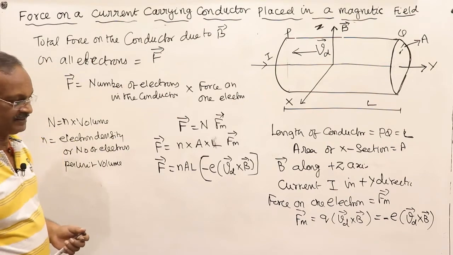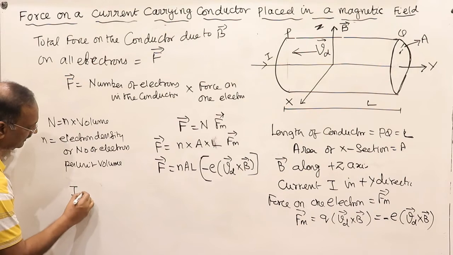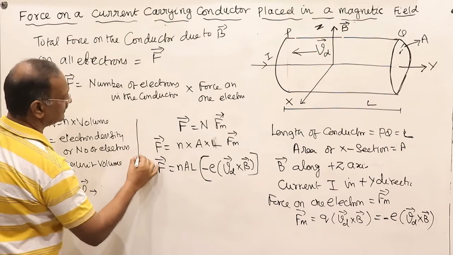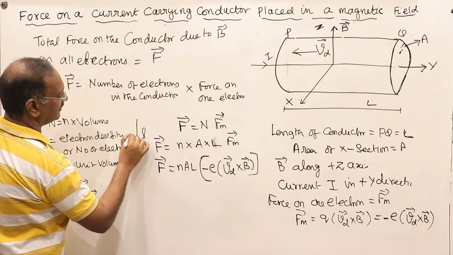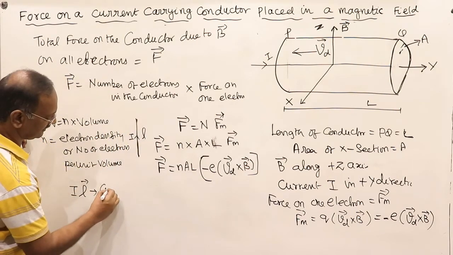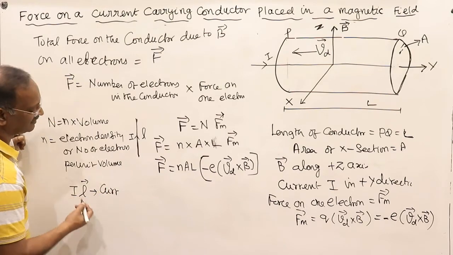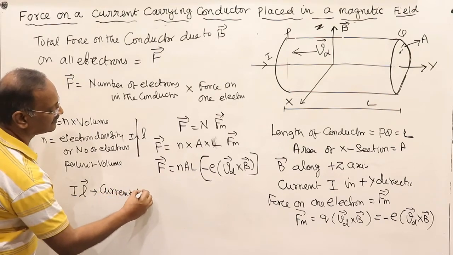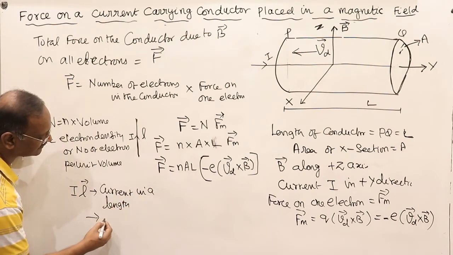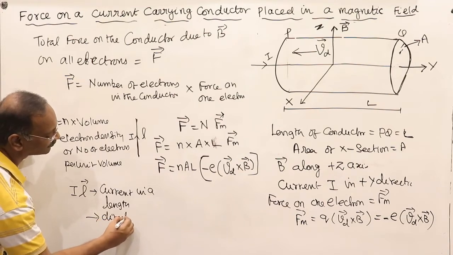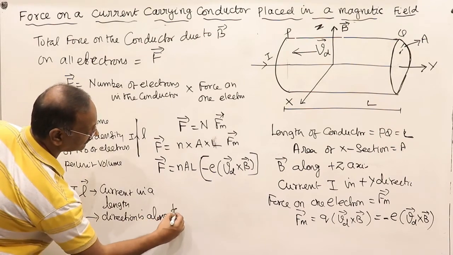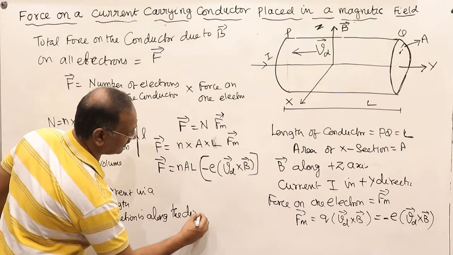Now we will define one more term, that is I into L. Why is it a vector? Because if current is flowing through a length L like this, from here to here is its direction. So IL is equal to the current in an elementary length, and its direction is along the direction of current.